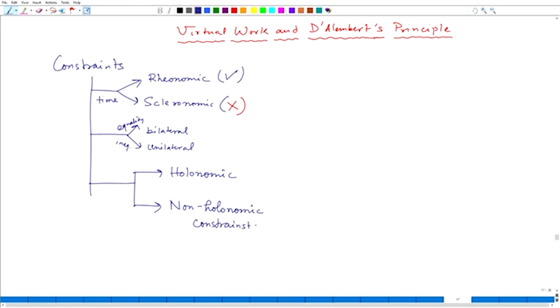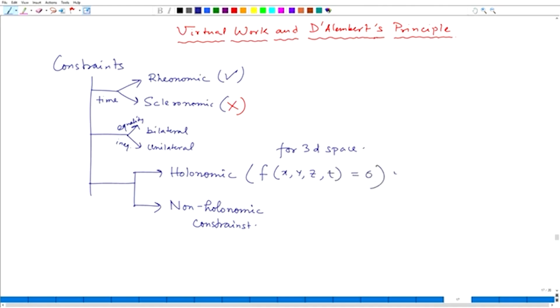Okay. So, the holonomic constraint should always be put in a form f(x, y, z, t) = 0, for 3D space of course.